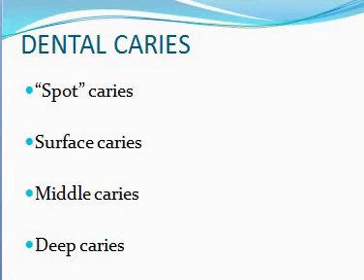When it becomes a hole, when you can see a hole, if it's localized only on enamel, we can talk about surface caries. If demineralization is localized in dentine, we talk about middle caries. And if it's on a border between pulp and dentine, in deep layer of dentine, we call such caries deep caries.